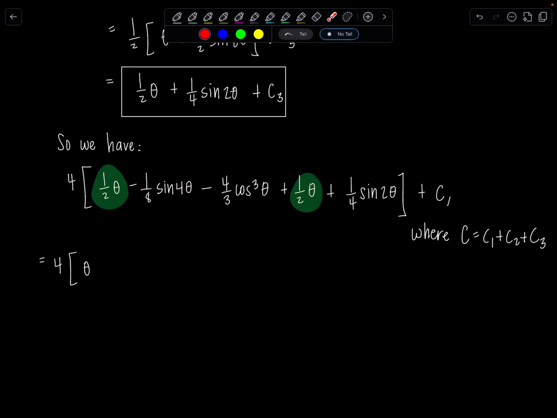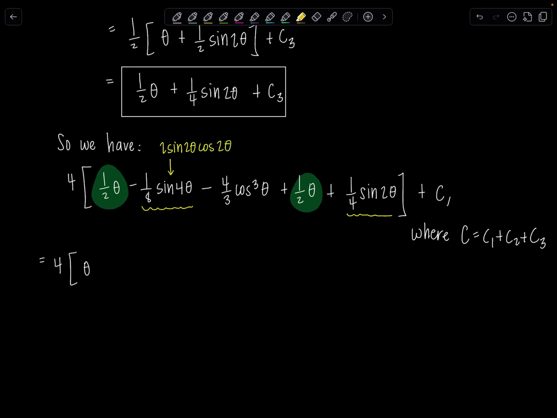Let me group these guys together though, because I want to clean them up in a way that makes my antiderivative as simple as possible. I want to have as few terms as possible, okay? I'm going to start off with sine 4 theta. I can replace that with 2 sine 2 theta cosine 2 theta, right?